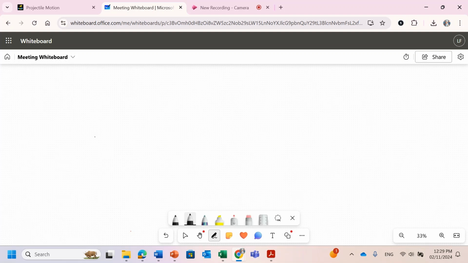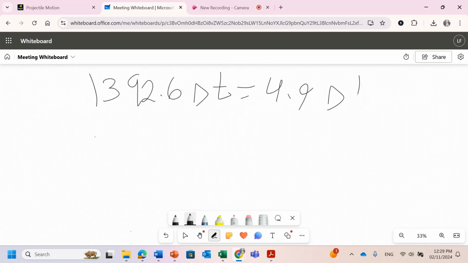Negative and negative cancel out, so I will end up with 1392.6 delta t equals 4.9 delta t squared.